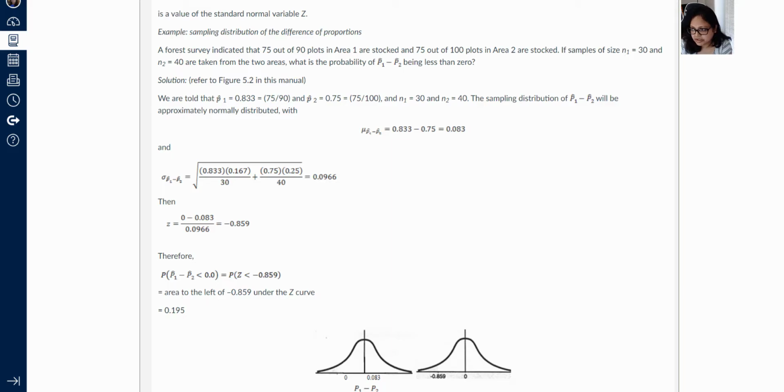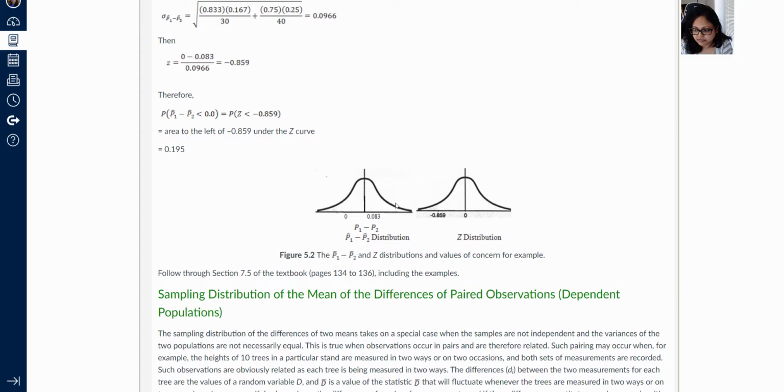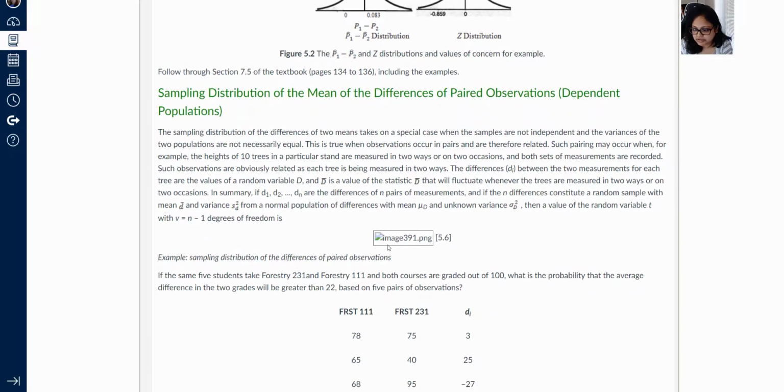Okay. So that's what it shows in this graph. So always draw the graph. That's always easier to do. So you can see that I don't see the image. So if I refresh this page, then you will see that it will show up.